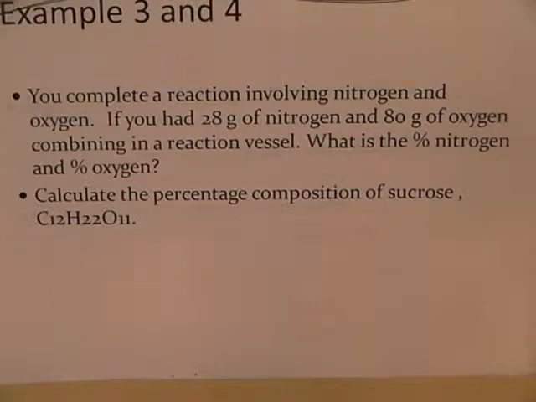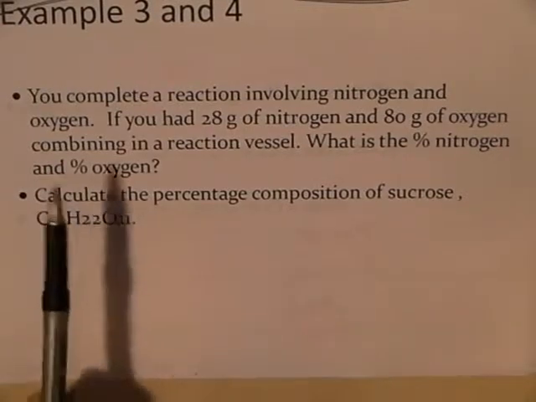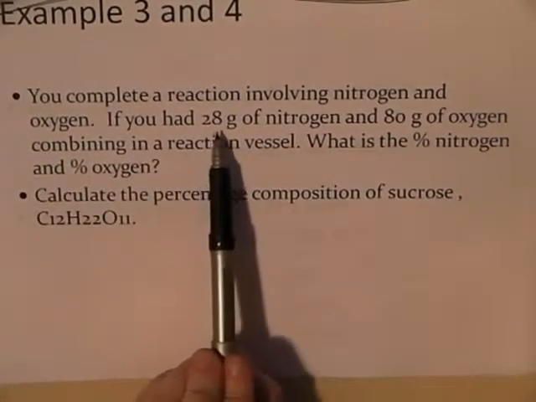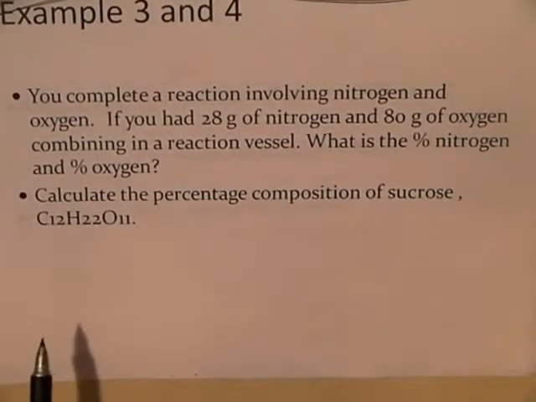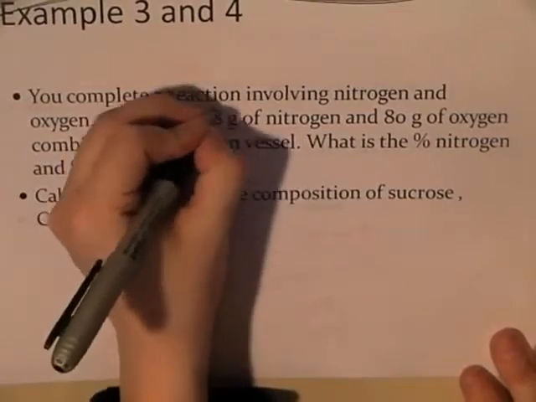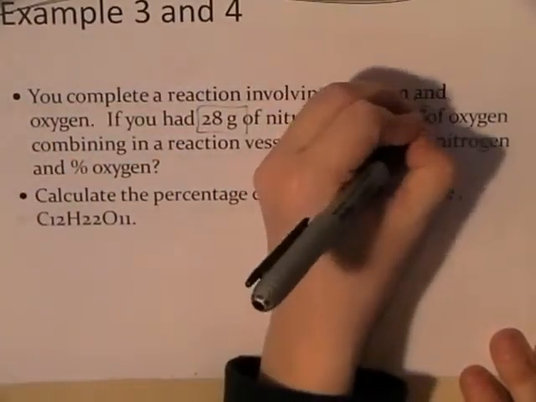So first one, you complete a reaction involving nitrogen and oxygen. If you had 28 grams of nitrogen and 80 grams of oxygen, what is the percent of nitrogen and the percent of oxygen? So just what is percent composition? So is this by grams or by mass or by chemical formula? This is clearly by mass, right? You're given the mass of each one.